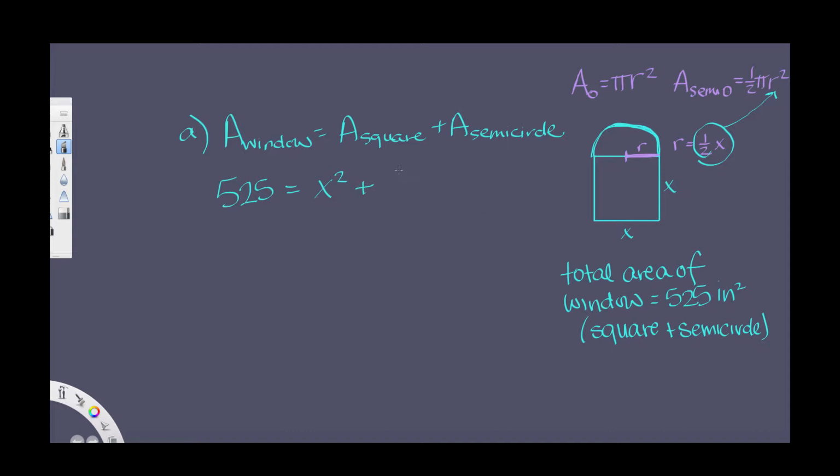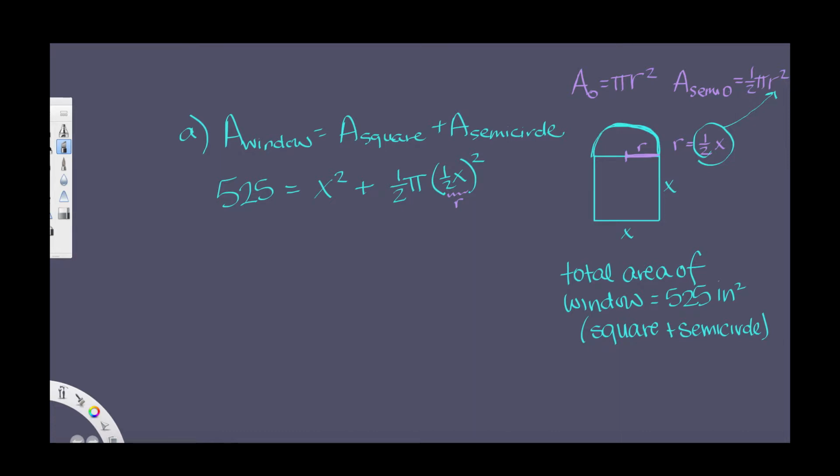Okay, so we're going to have half pi r squared. So r is 1/2 x, and we're going to have to square all of that. Okay, so again, the half pi r squared is the area of a semicircle. This guy here is r.